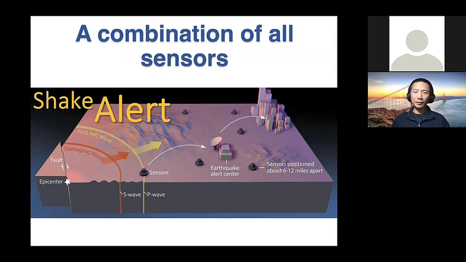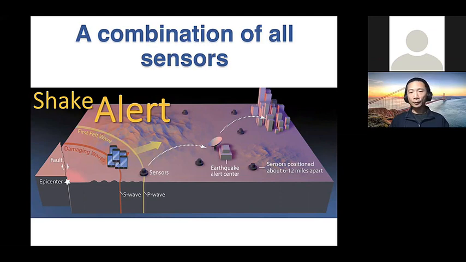Usually the warning time is around seconds to minutes. In the magnitude 9 Tohoku earthquake in 2011, Tokyo got about a 60-second warning before the strongest shaking started in the city.